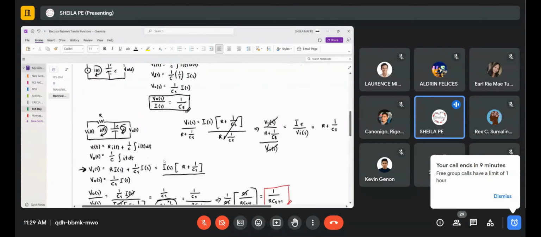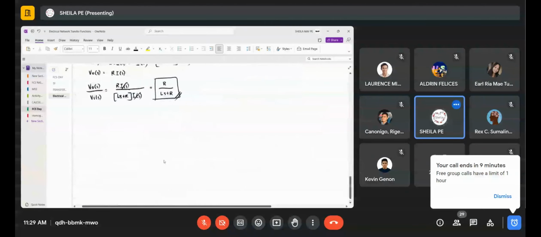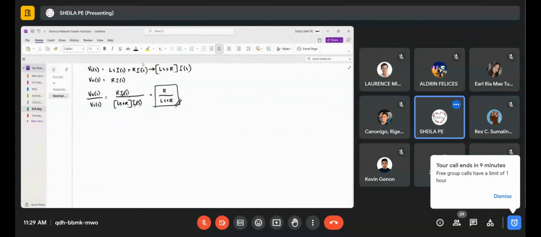For the RLC network, if we have a given network here, and we have i(t) flowing.